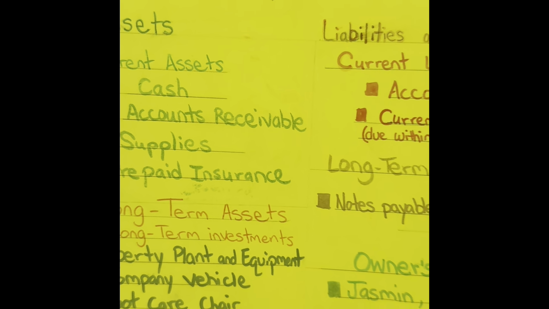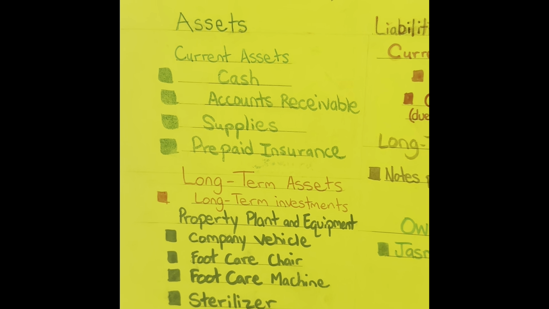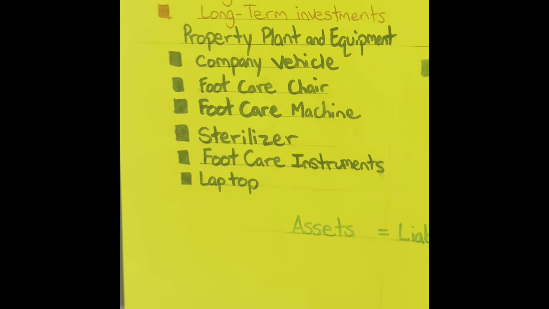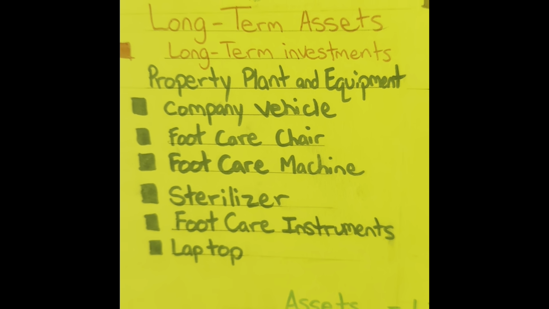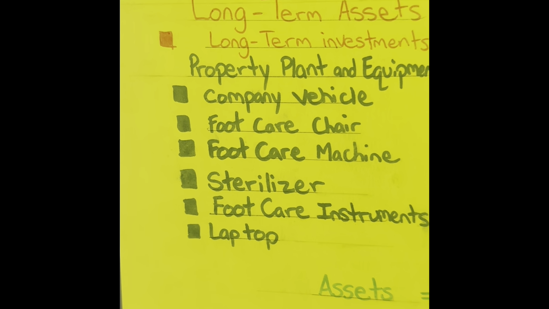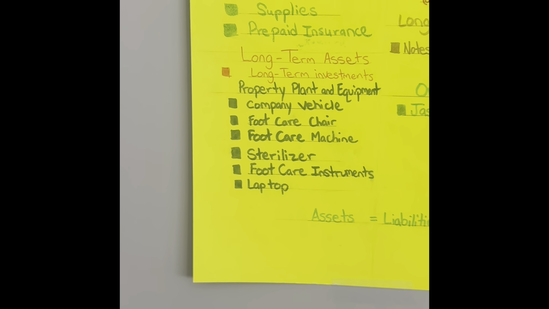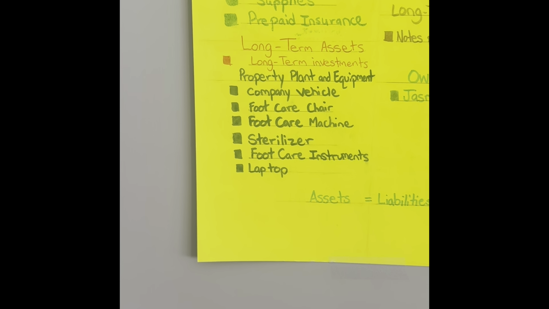And these 4 make up my current assets, all to be used within the year. And then we go down and look at long-term assets, which is my long-term investments that I have put into the business.